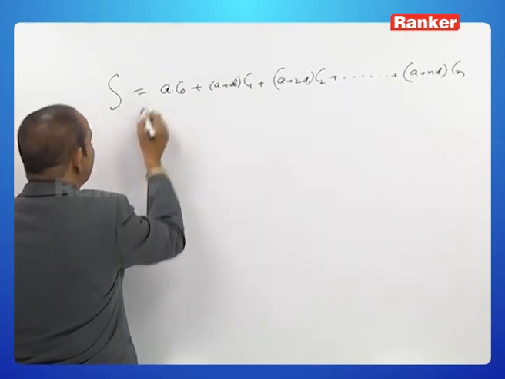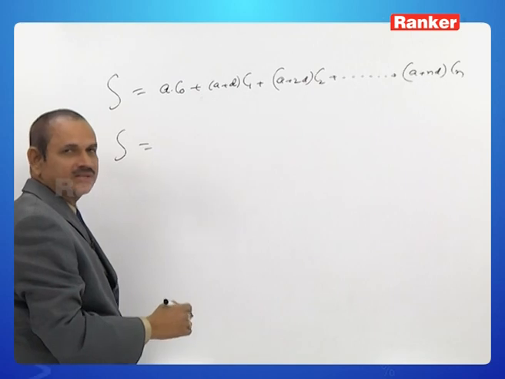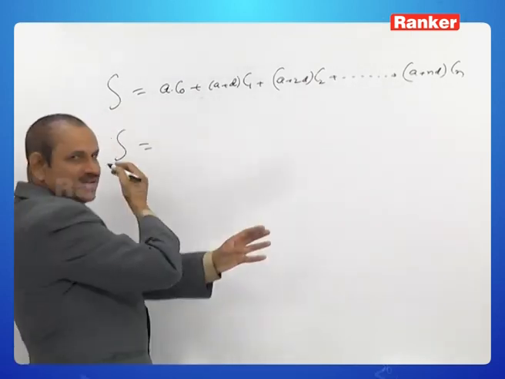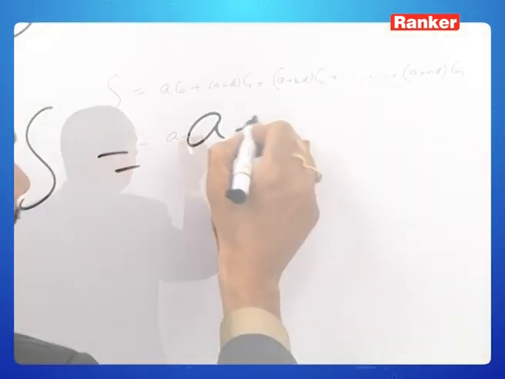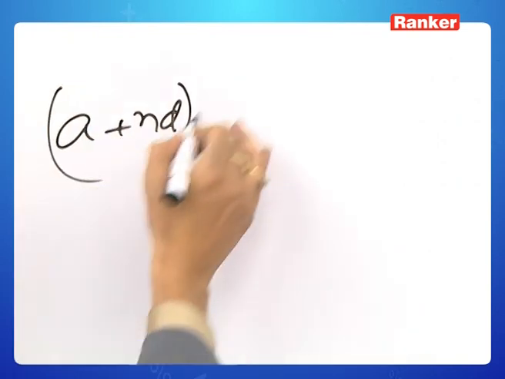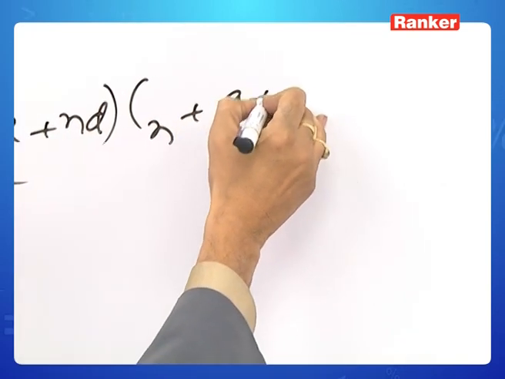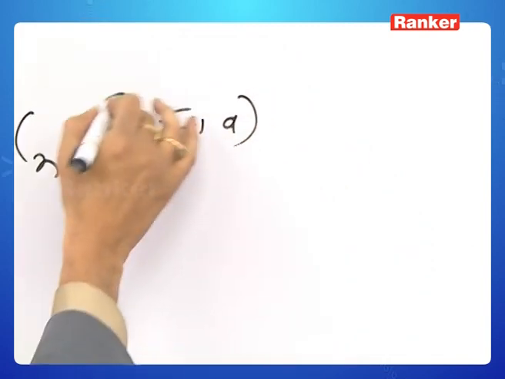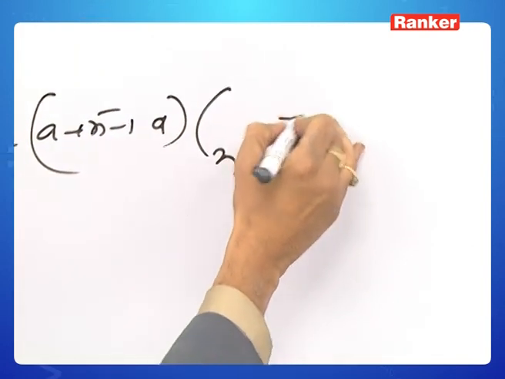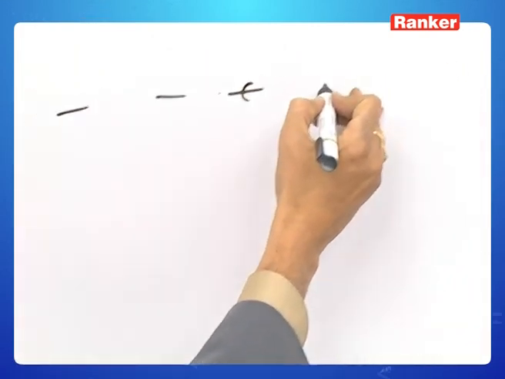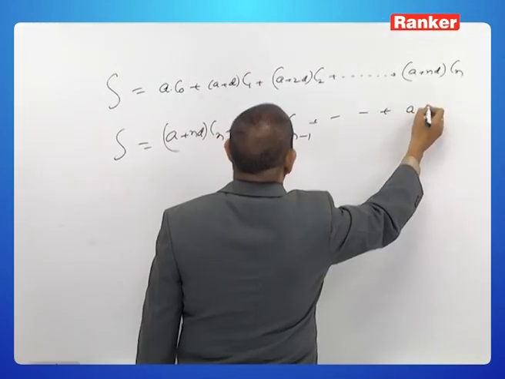Let me call this sum S. The same S can be written from the last to first. How can it become? (a plus nd) into Cn, plus (a plus (n minus 1) d) into C(n minus 1), and so on, etc. The last term will be a into C0.